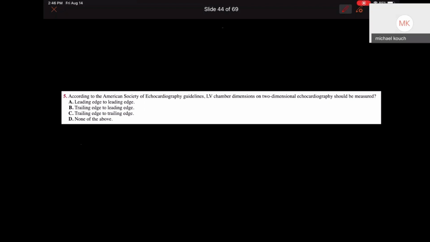Keep in mind that unlike everyone at home, we don't have the echo textbook open to that page, so we're answering truthfully. The true answer is the actual tissue to blood interface, so it really is none of the above. Most people would tell you that when you're measuring things you want to do leading edge to leading edge, so what you're saying is correct. But when it comes to LV chamber dimensions in particular, and this is why I include this one, it's counterintuitive to everything else you're reading. It's none of the above. It's tissue to blood interface.